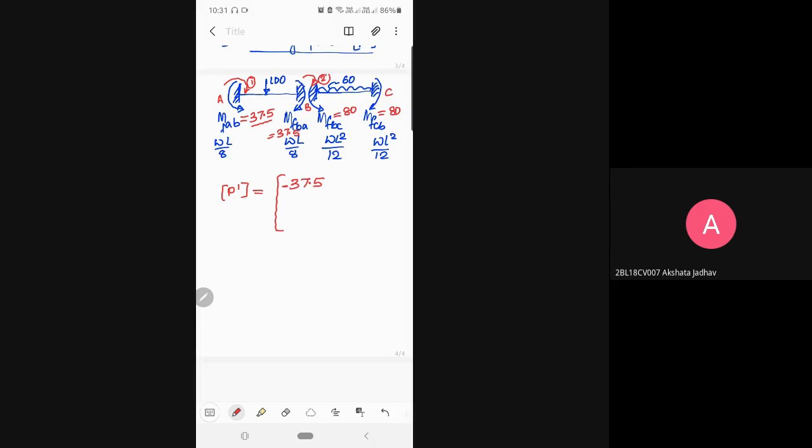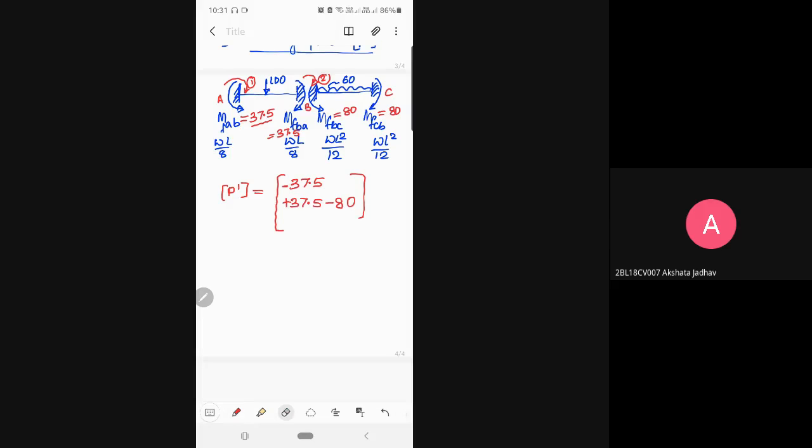If it is opposite, then it is negative. See, this MBA is 37.5, it is clockwise, and our coordinate is also clockwise, so plus 37.5. Now this 80 is anti-clockwise, at B only, but our coordinate direction is clockwise, so therefore it is minus 80.